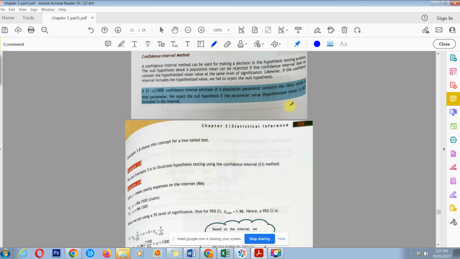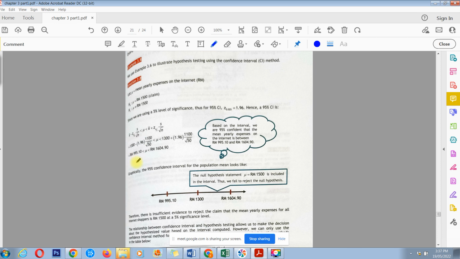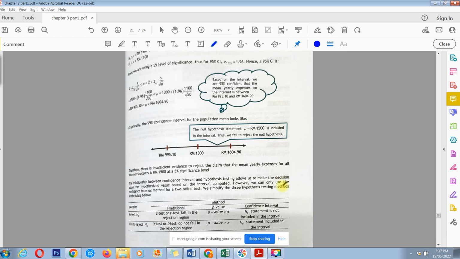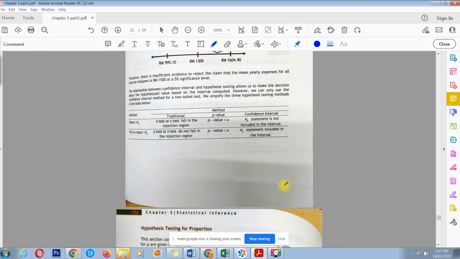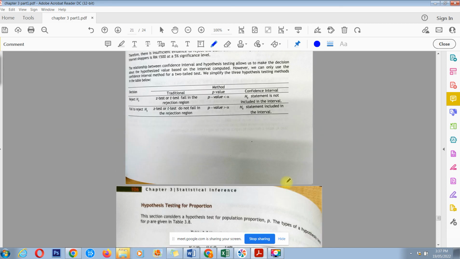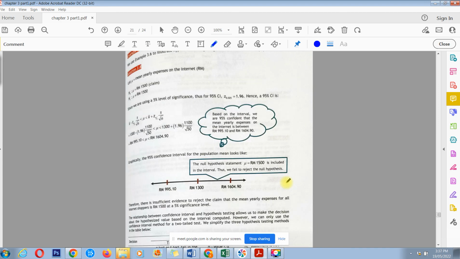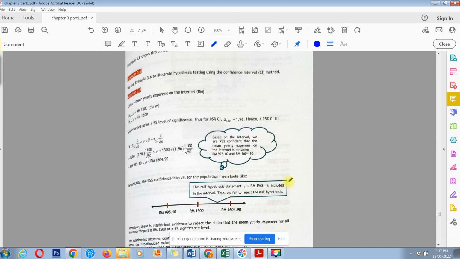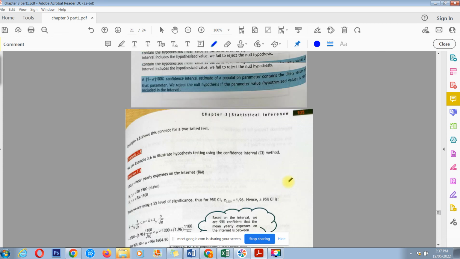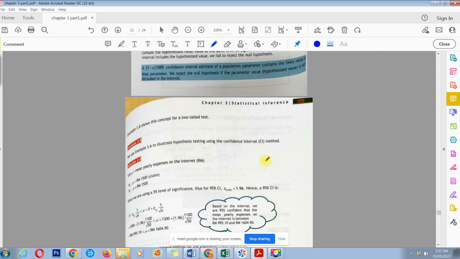Confidence interval method, kita pakai this formula. Dia pakai this formula. Okay, confidence interval method kita guna macam ni je.